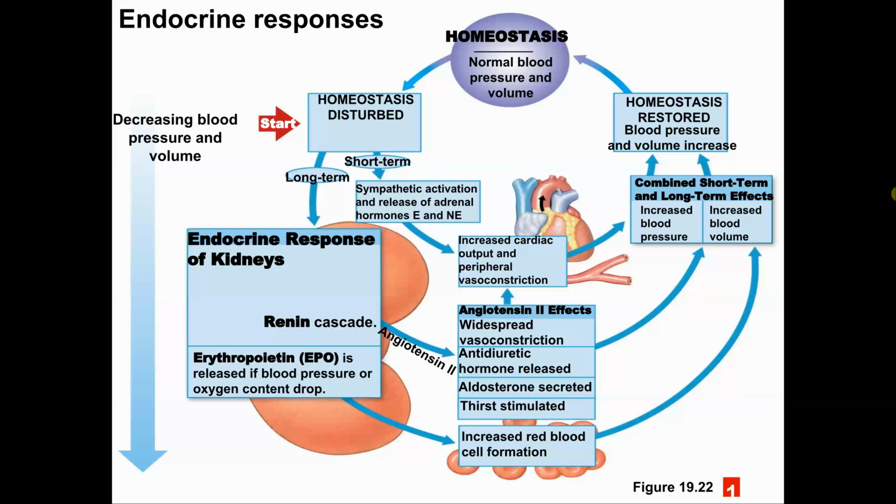So two separate pathways. And these pathways basically form the liquid of blood through the renin cascade, and then the cells of blood through the function of erythropoietin. So then erythropoietin, what does it do?